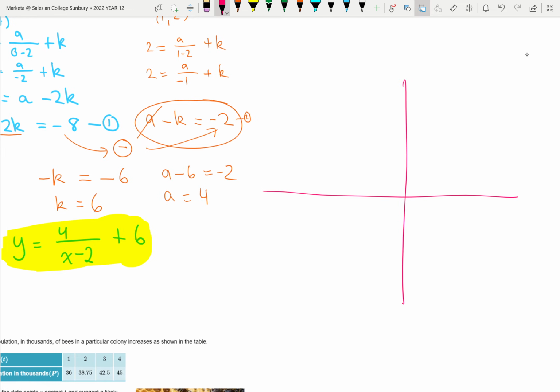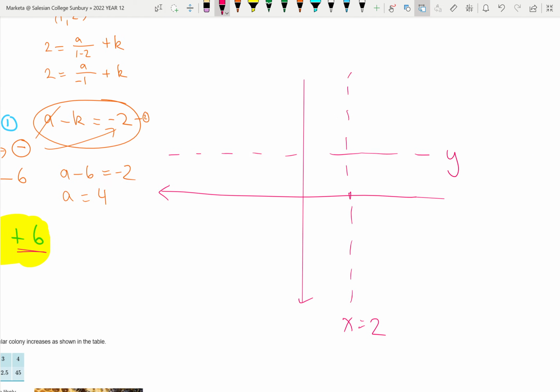If I sketch this hyperbola, we know that we have asymptotes, and the asymptote will be at x is positive 2, and another asymptote at y equals 6. By now you should be pretty good at sketching all your graphs. And it will be like this. And it will be like this.